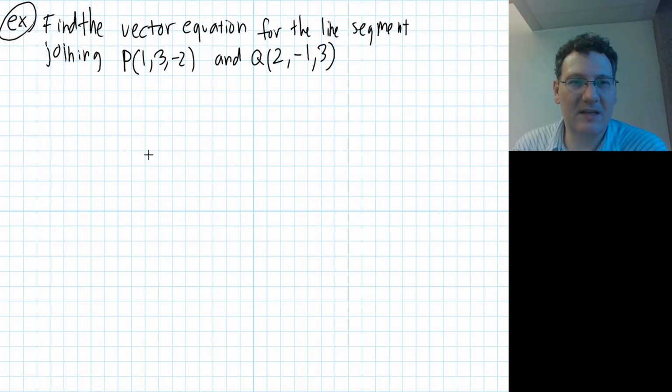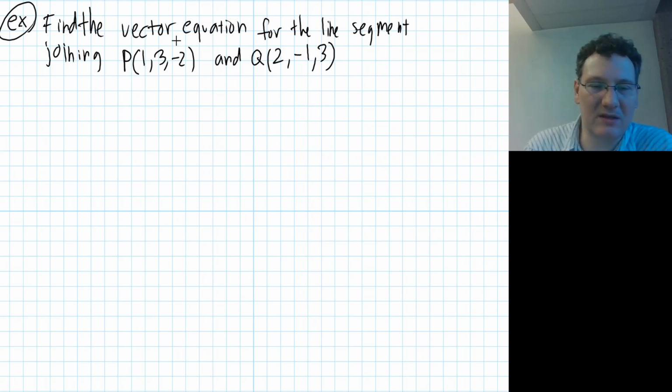All right, let's look at this example where we wanted to find the vector equation for the line segment joining P and Q. I think we already saw that we could do this in a couple of ways.